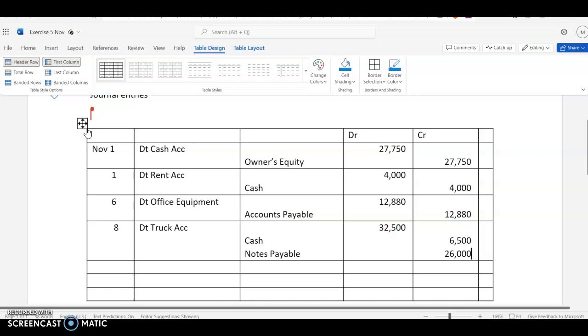Purchase supplies 1,860. Supplies account.